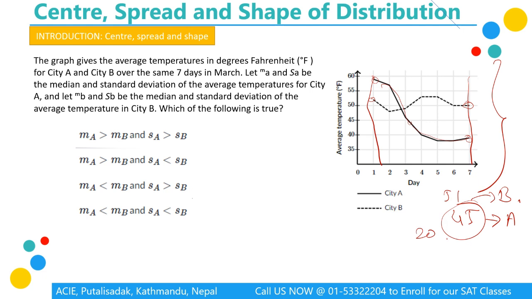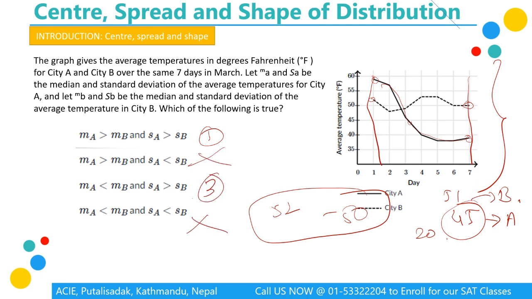It's from like 52 to like 50. So of course the spread of this data is much less compared to city A. Therefore, we know that the standard deviation of city A is greater than the standard deviation of city B. Hence, our answer is either going to be this or this.